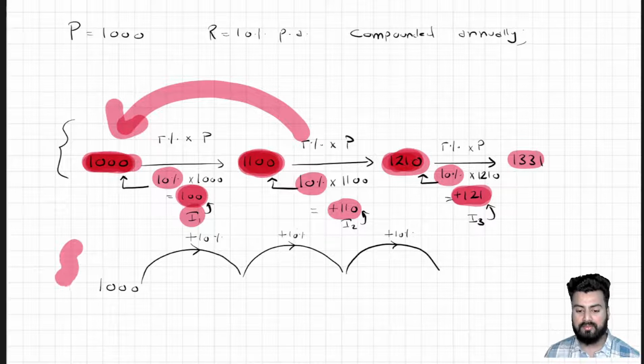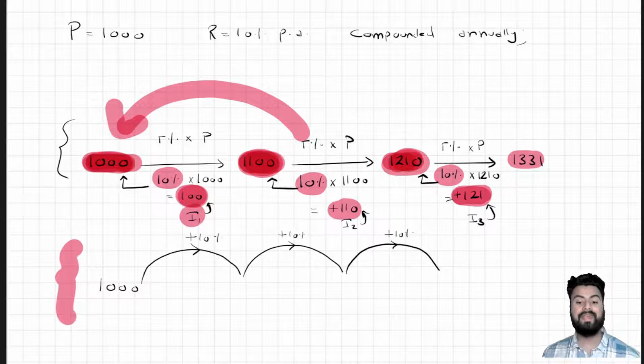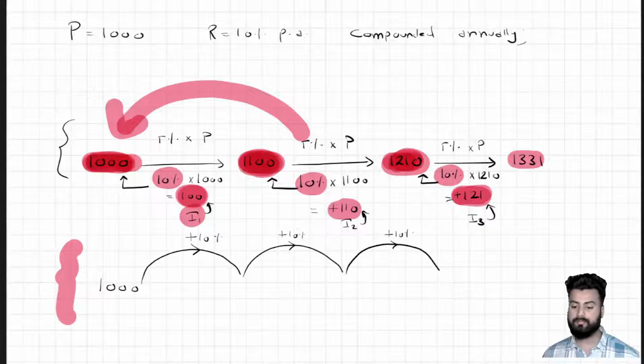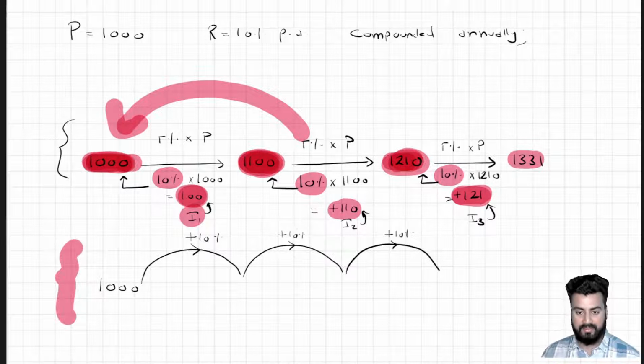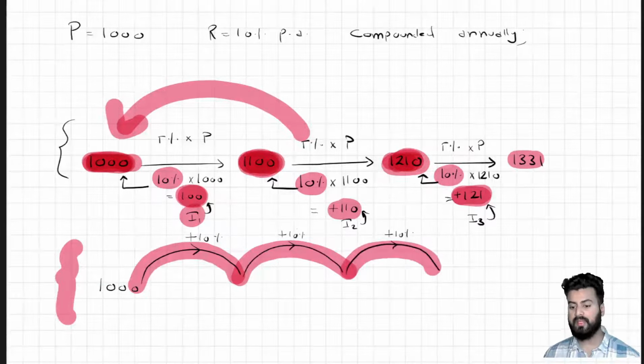And the moment I look at the situation in this manner, the same question becomes very easy. Now it has become a percentage setup where I'm increasing a number successively three times by 10%. The changes are happening one after another, so these are successive changes, and we know how to deal with successive cases.